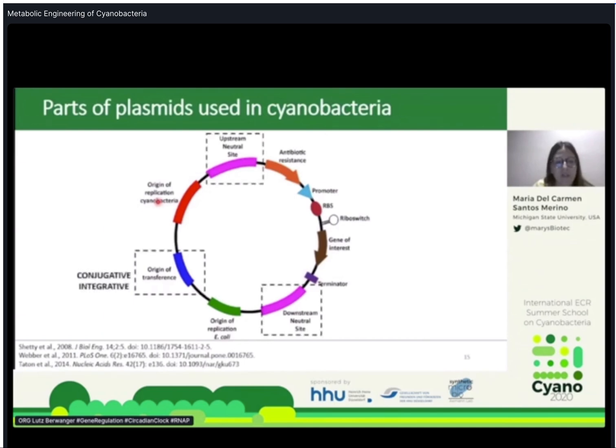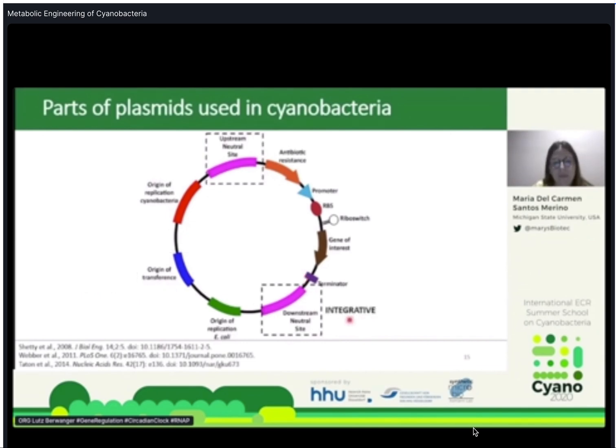The second type of plasmids are conjugative and integrative. In this case, we are going to have an origin of transfer from E. coli to cyanobacteria, and also some neutral site regions upstream and downstream that are going to allow us to integrate our construction in the genome.